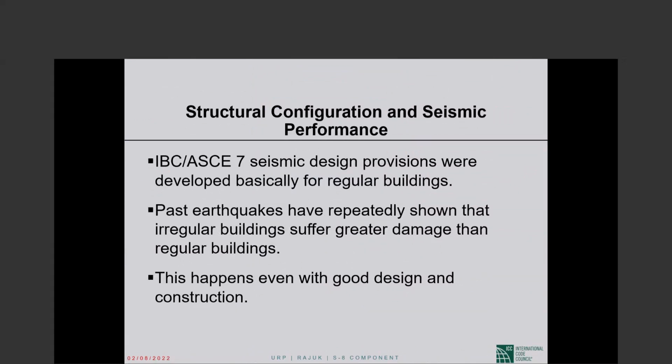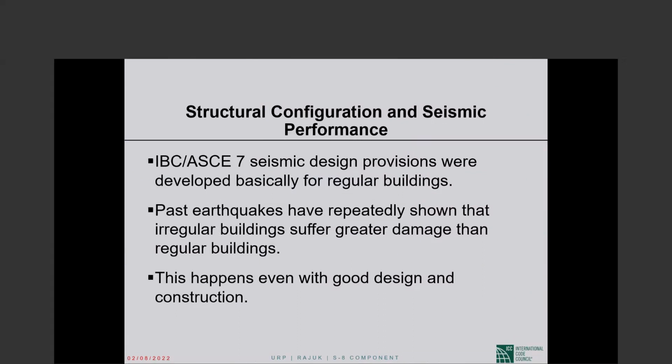ASCE 7 seismic design provisions were developed basically for regular buildings. This is something we need to understand. Okay, everything was developed basically for regular buildings. Past earthquakes have repeatedly shown that irregular buildings suffer greater damage, incomparably greater damage sometimes than regular buildings.